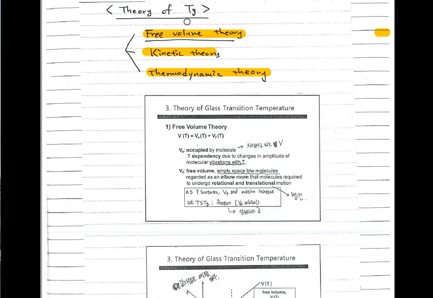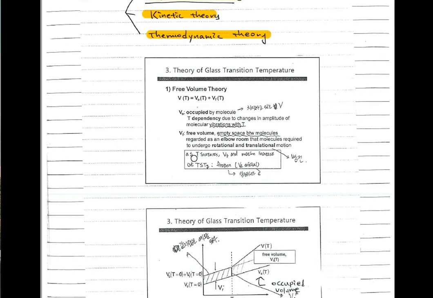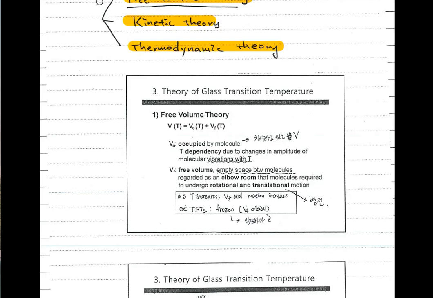So we already have learned about free volume when you learned about the chain ends and the effect on glass transition temperature, right? Chain ends act as packing defects, basically making more free volume. Okay? So what exactly is free volume?